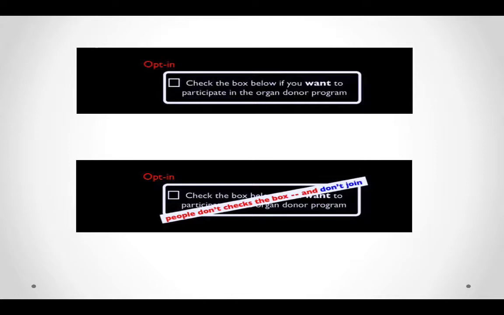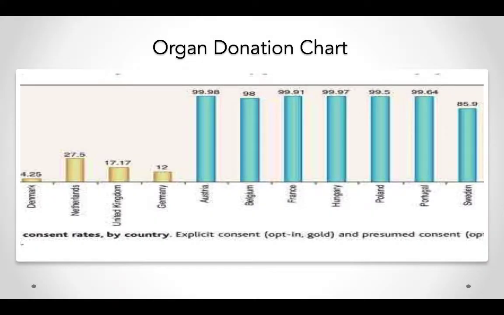And therefore, if I don't do anything, it's assumed that I didn't check the box and I am not in. You see? I can only check the box if I want to, but because I don't know how to do it, I don't check the box and I don't join. Which countries are having this kind of form? The ones on the left. Okay?